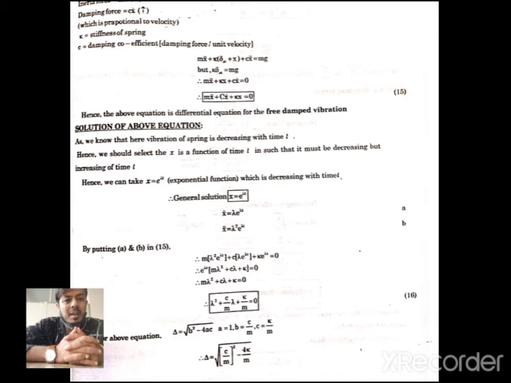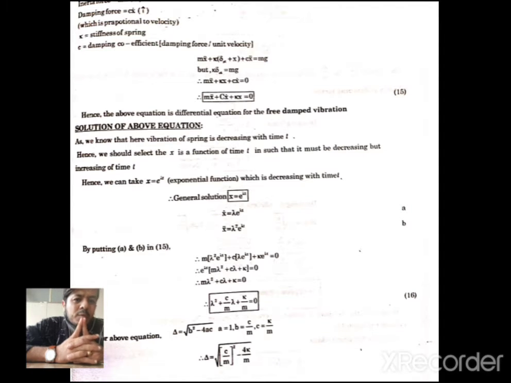So we take the general solution x is equal to e raised to lambda t. Here lambda is a symbol, t is the time, and x is a function of time t. We apply x is equal to e raised to lambda t as the generalized solution.